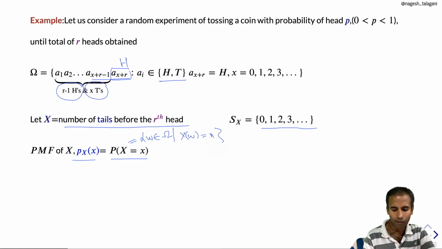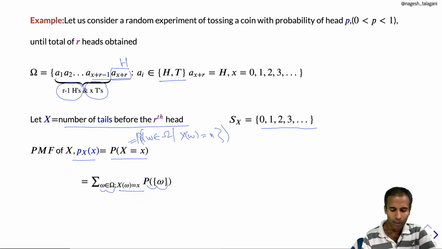The probability of this event we can write as a sum of the singleton probabilities: the summation of probability of singleton omega, where omega runs over the sample space with x of omega equal to x. Now here in any outcome, the number of heads is fixed. The only thing that can vary is the number of tails. But here the number of tails is also fixed to x.